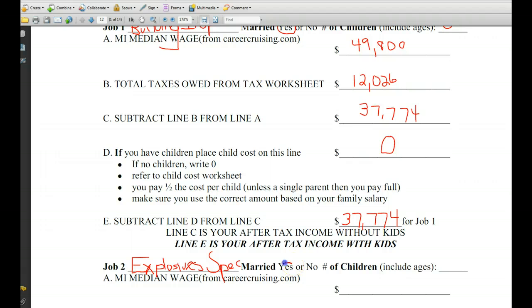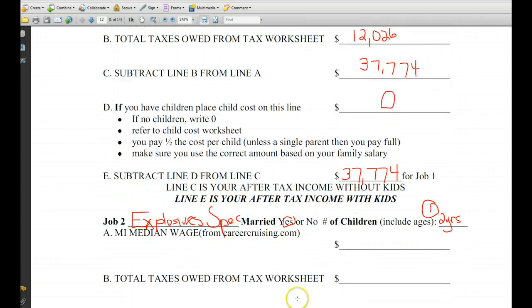I am married and I have a, let's see, 2-year-old child. So yes, I have one child, 2 years old. My Michigan median wage was $70,000.